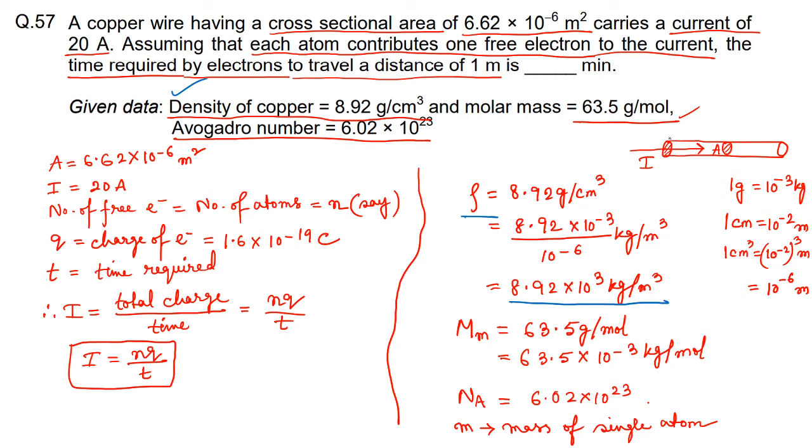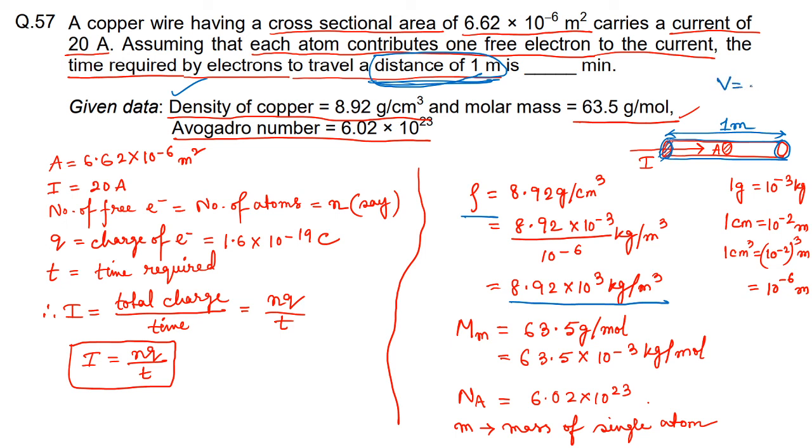So if this is the volume of the copper wire, how can we calculate the volume of the copper wire? It is cross-sectional area times the distance, right? The length of the copper wire. Here we need the length to be the distance traveled by the electrons, right? So the distance here is 1 meter. So length times the cross-sectional area is our volume.